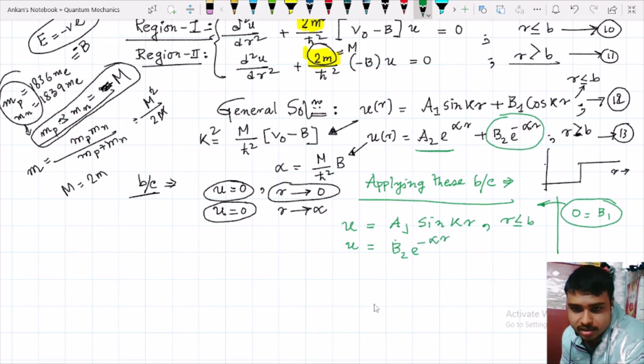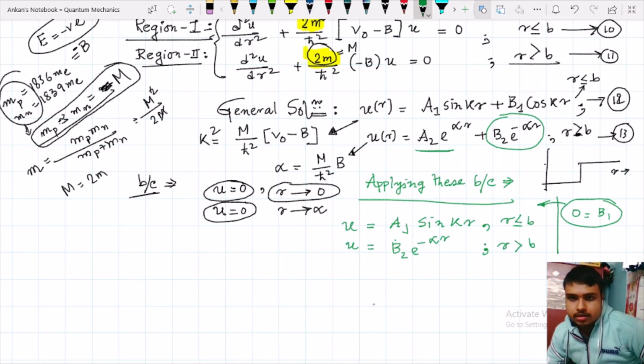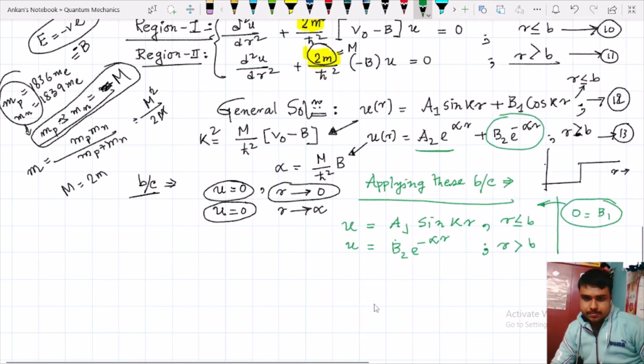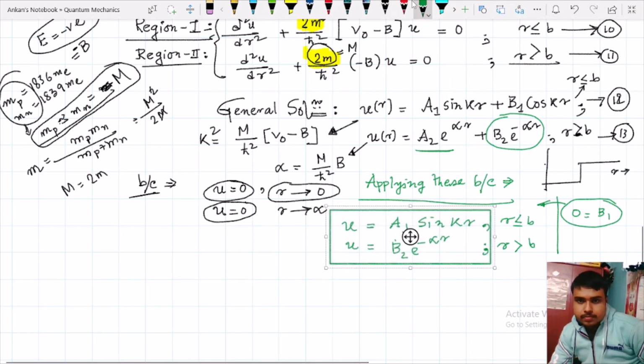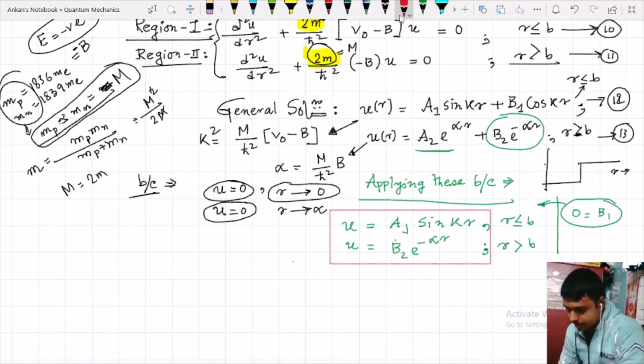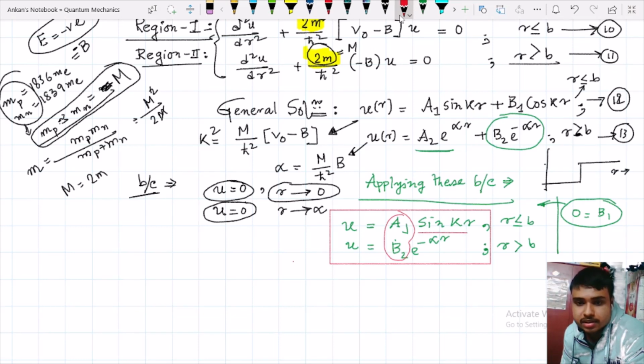We also know from the normalization condition that this is possible only. So these are the final expressions of the wave functions obtained here. Again, from the normalization condition we can calculate a1 and b2. I am not going into further detail of these calculations, because we are not interested in the nature of the normalization constant. We are only interested in the nature of the wave function obtained here.